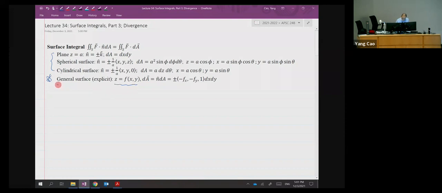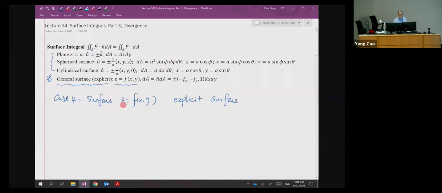So today we're going to learn the last type of surface, the generic surface, where the surface is z equal to f of xy. We call this case number 4. If you recall, we call this kind of thing an explicit surface, because it is an expression explicitly describing the z component.